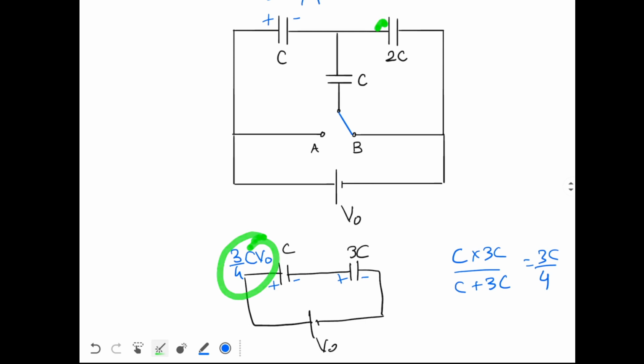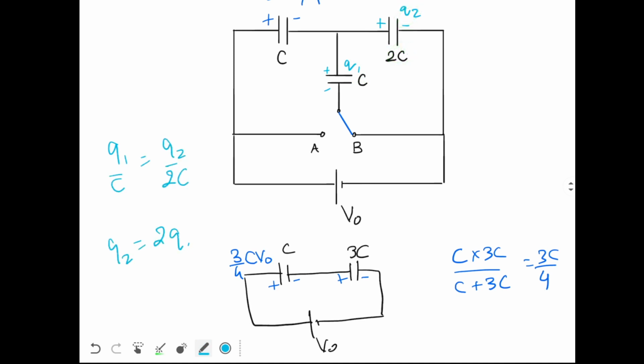So what is the charge on the individual plates? Since both these capacitors are in parallel, say this has charge plus minus Q1 and this has charge plus minus Q2. Then Q1 by C should be equal to Q2 by 2C, so we get Q2 equal to 2 Q1. The charge on this capacitor will be twice the charge on that capacitor.